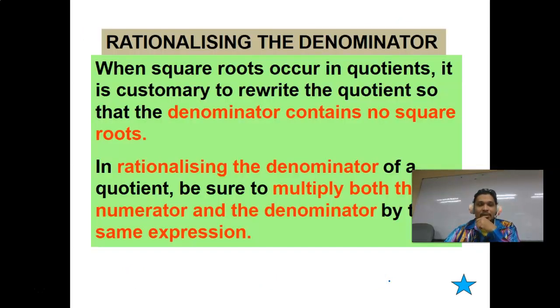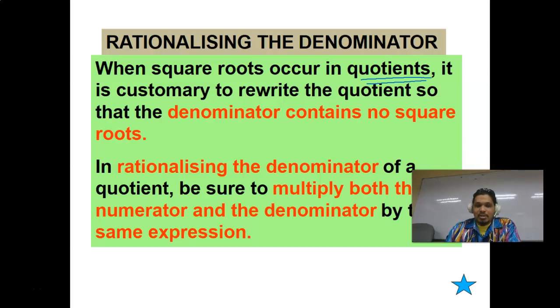Rationalizing the denominator when square roots occur in quotients. When square roots occur in quotients, it's customary to rewrite the quotient so that the denominator contains no square roots.